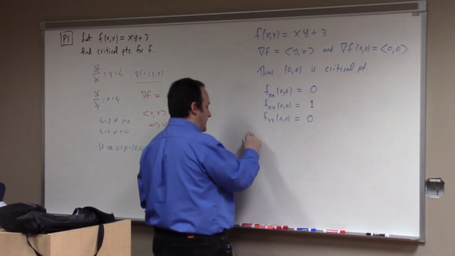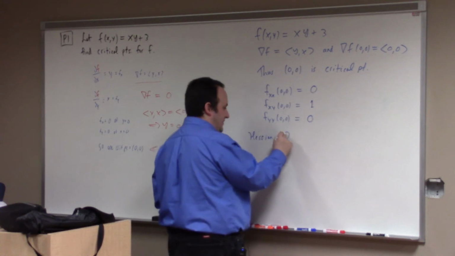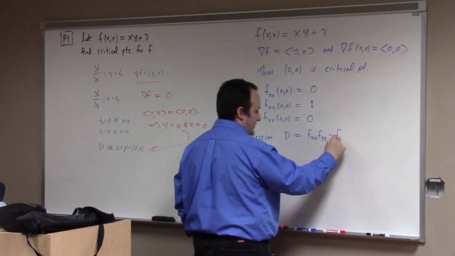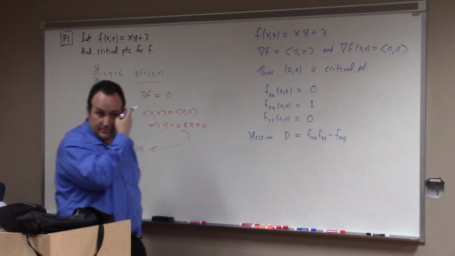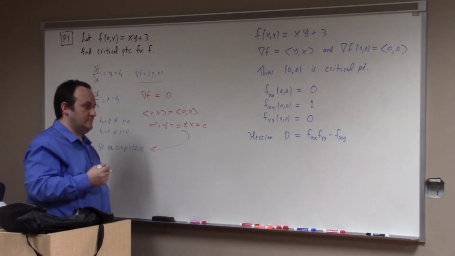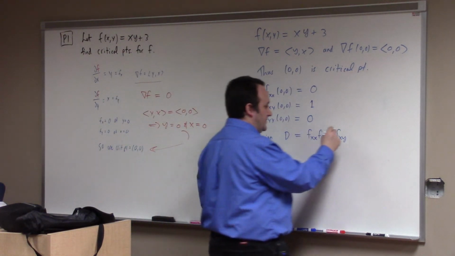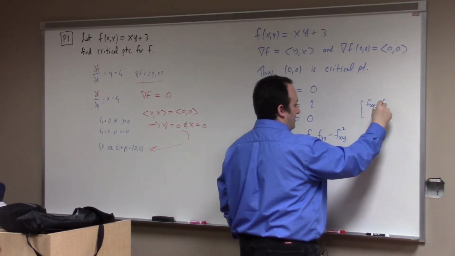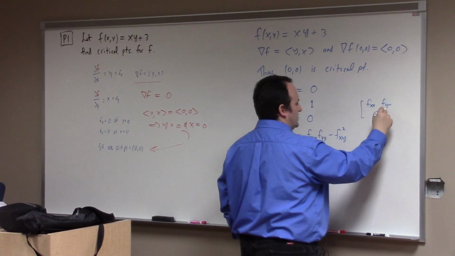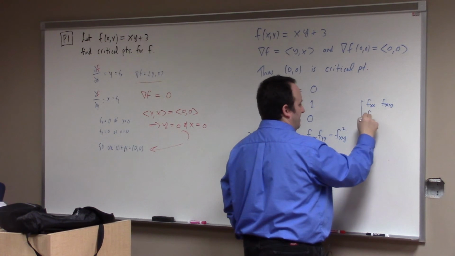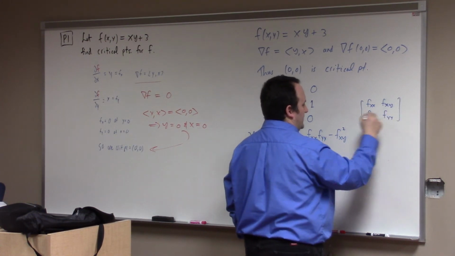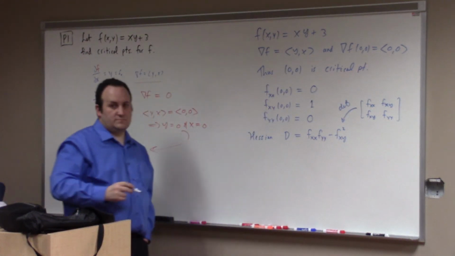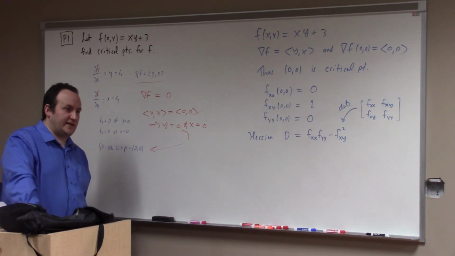So we calculate the Hessian, which is usually called big D. It's f_xx times f_yy, minus f_xy, squared. That's the determinant of this little 2 by 2 matrix, which is actually the product of its eigenvalues.